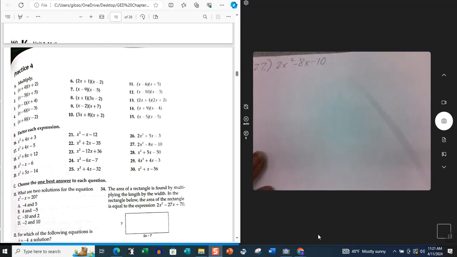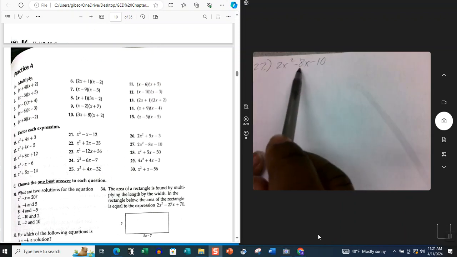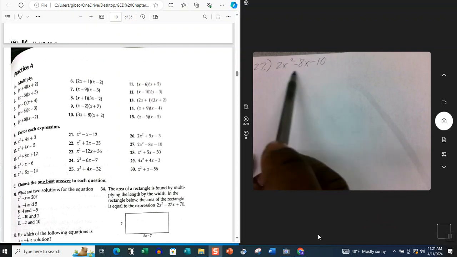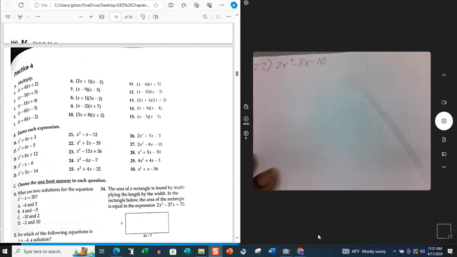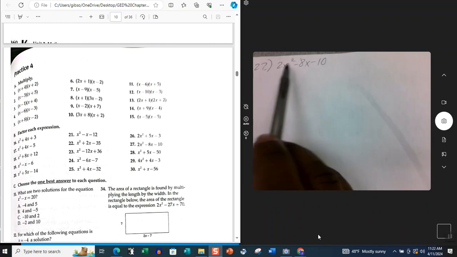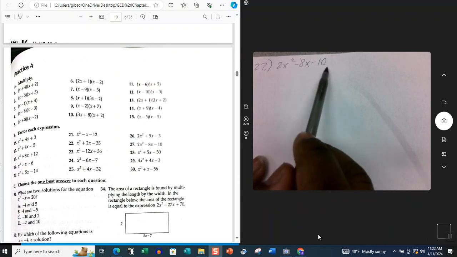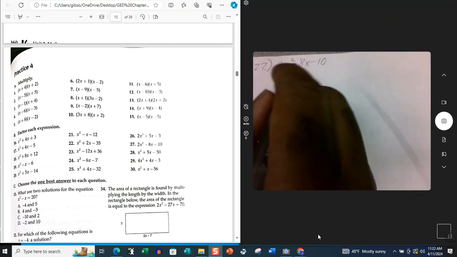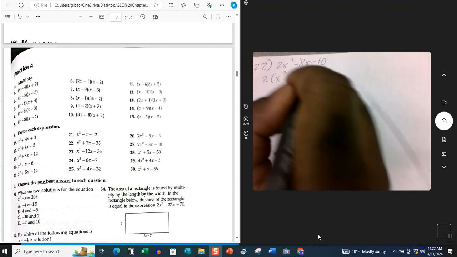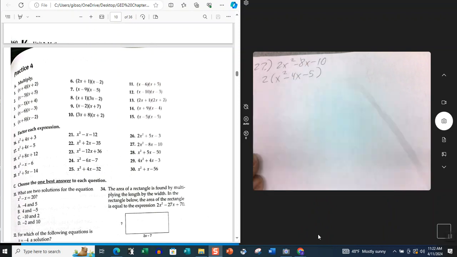Okay, so now this is in the order ax squared minus or plus bx plus c. Even though there's subtraction, it is still in the order. Now we see if we can factor anything. We had 3 terms here: 2x squared, negative 8x, and negative 10. They all have 2 in common, so we can factor out 2, and this will leave x squared minus 4x minus 5.